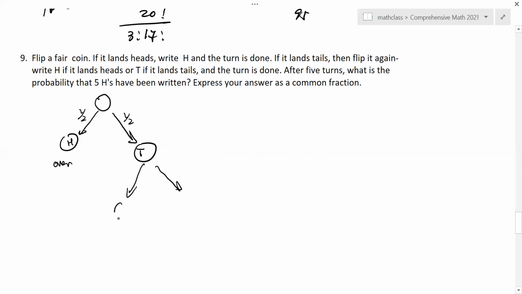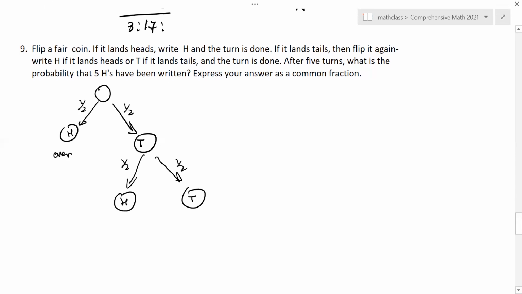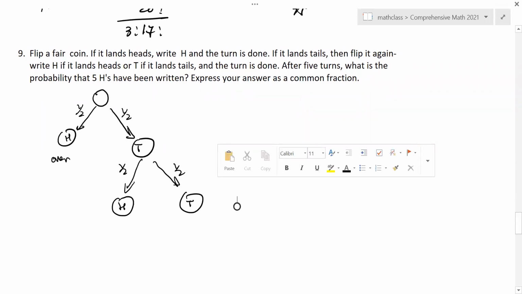And you write down H if it lands heads, or T if it lands tails, and then the turn is done.